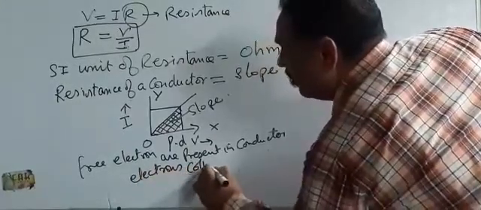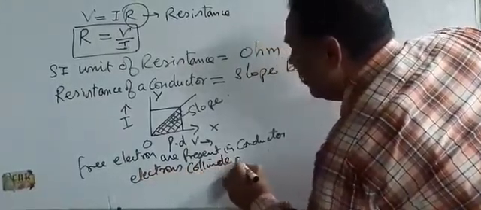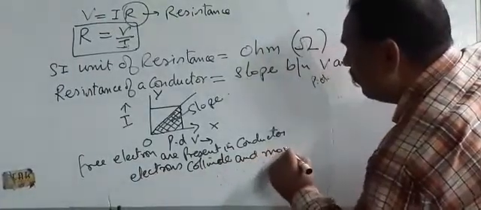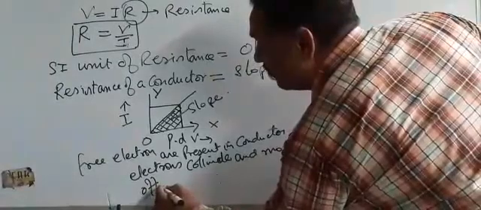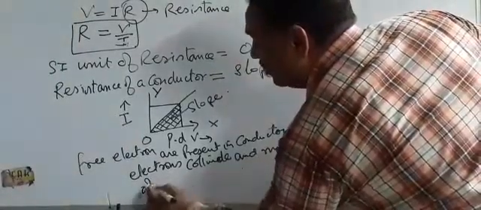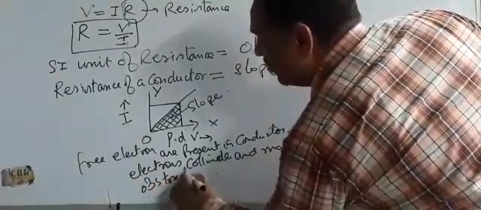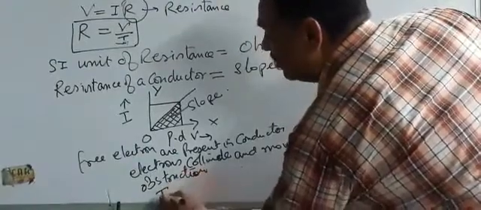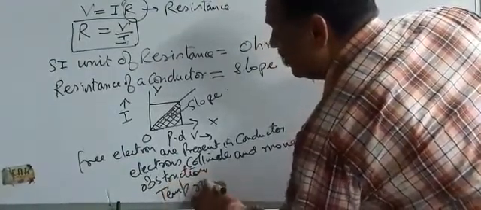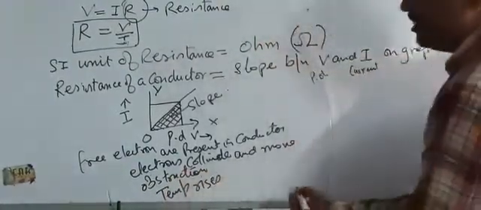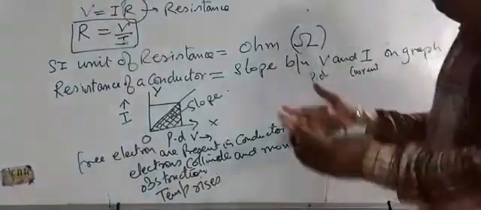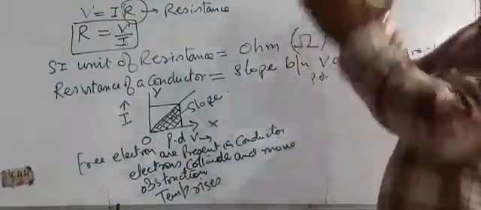Electrons collide and move, so obstruction is there. Due to this, temperature rises and it causes the resistance to happen.